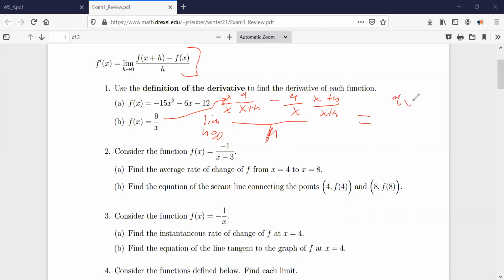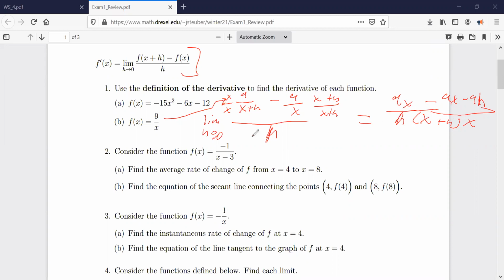So that becomes 9x minus, now they have the same bottom, so 9x minus 9x minus 9h, just to distribute this guy, over x plus h times x, and then also divide by h.